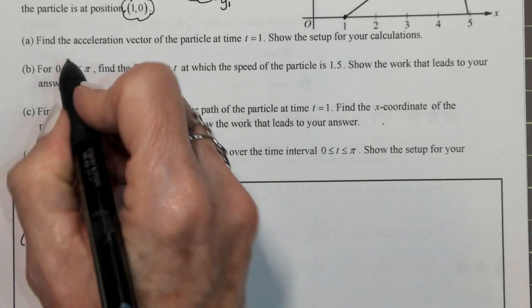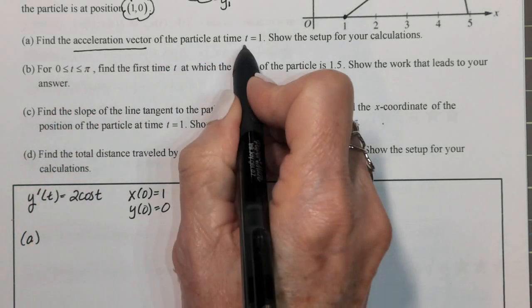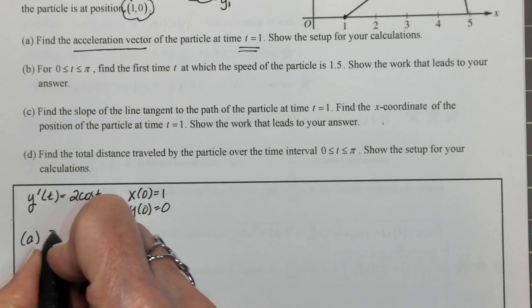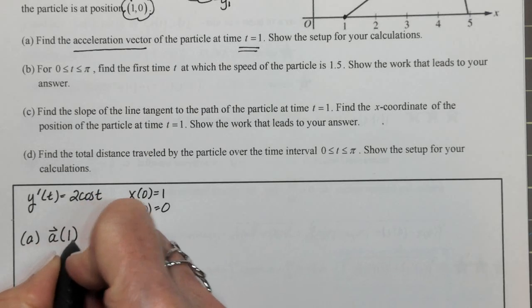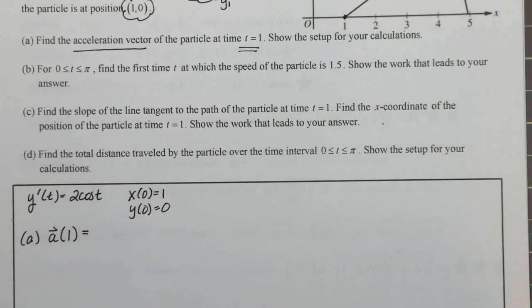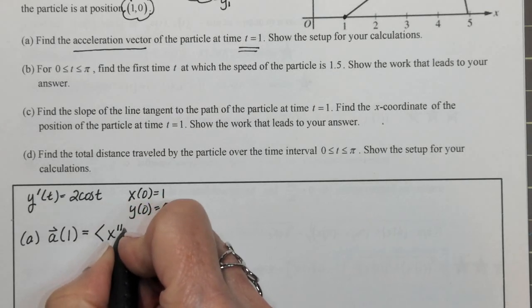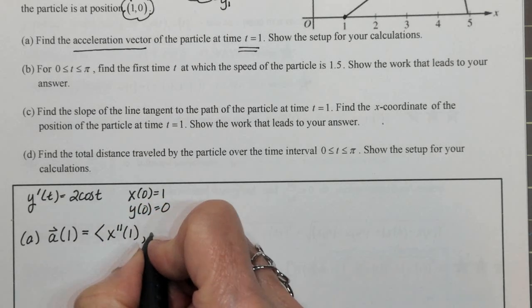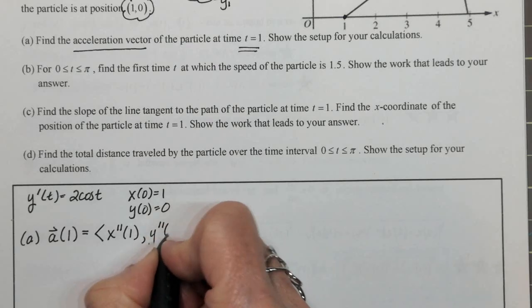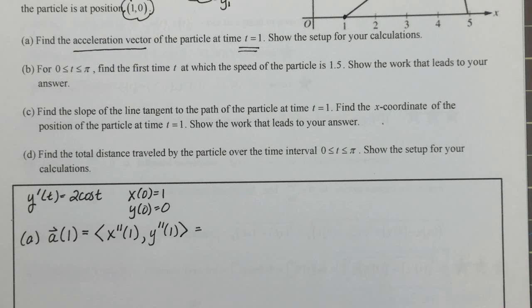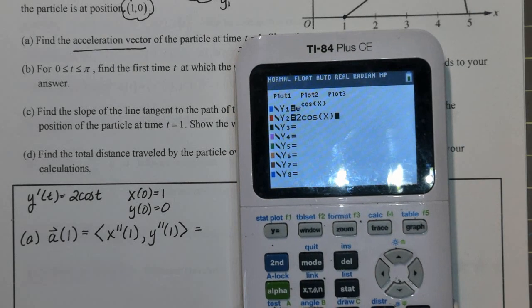Find the acceleration vector at time 1. I need to say what I'm doing. It is x double prime at time 1, y double prime at time 1. And then I'm going to use my calculator to do that.